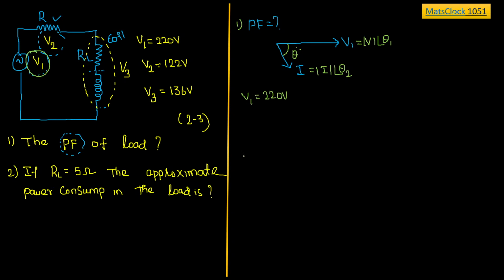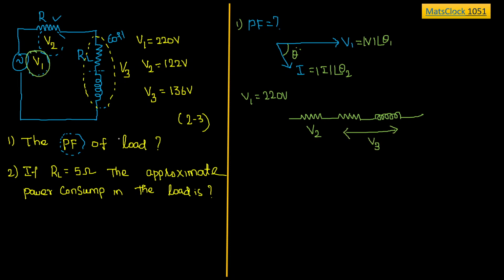Now let me ask you a small question. If you observe the question carefully, in our circuit there are two resistors, R and RL, and then we have one inductor. Basically this is the given network. Now supply voltage must be the addition of V2 plus V3. Yes or no?